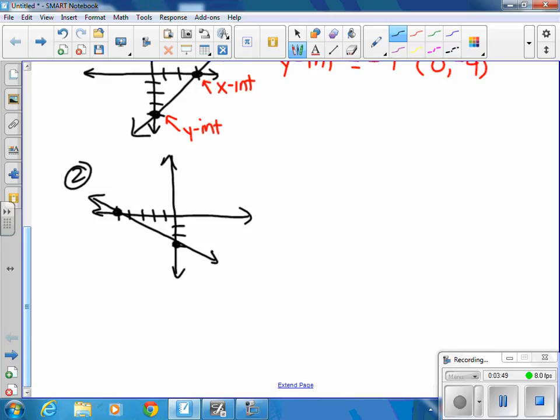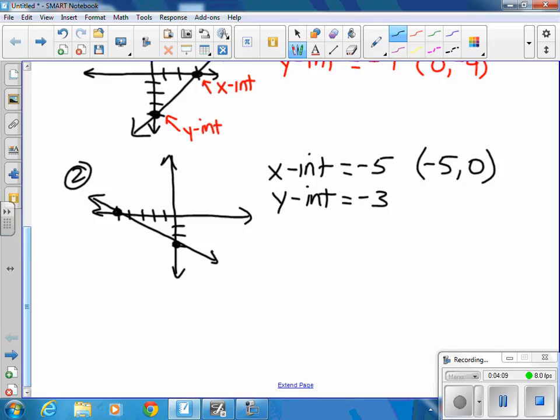We're just going to go ahead and label it like you would answering a problem. The X-intercept, or X-INT, is going to equal -5, because that's where it sits on the x-axis, or if you prefer the ordered pair, it would be -5, 0. Okay, for the y-intercept, it is crossing the y-axis at -3, so y-int equals -3, or if you prefer the ordered pair, it would be 0, -3.